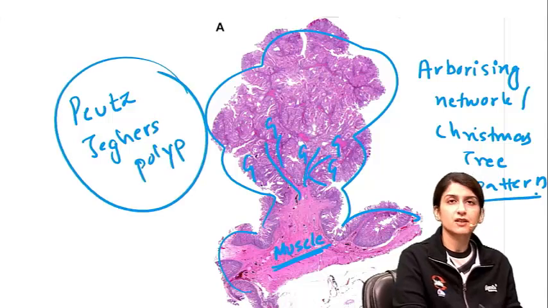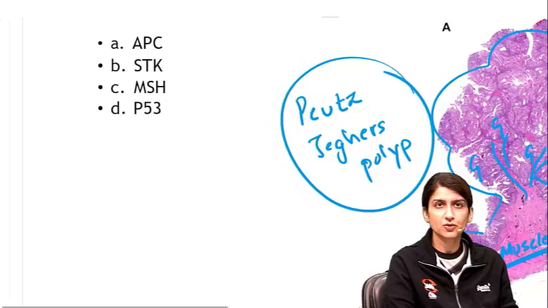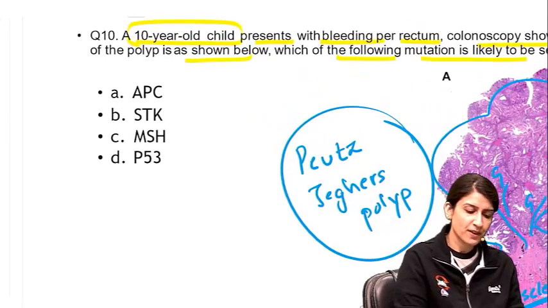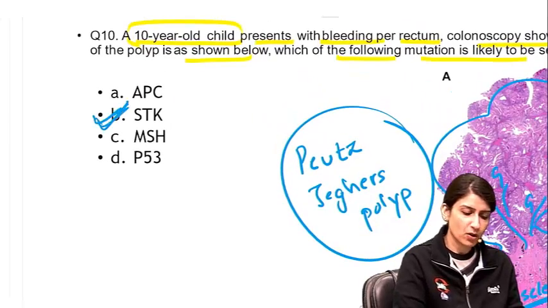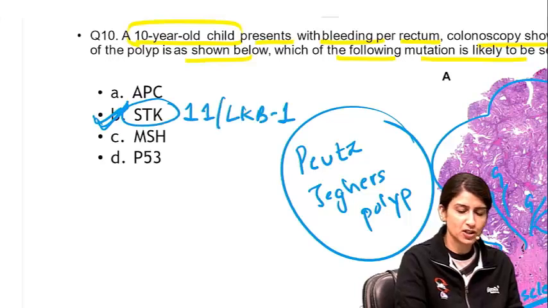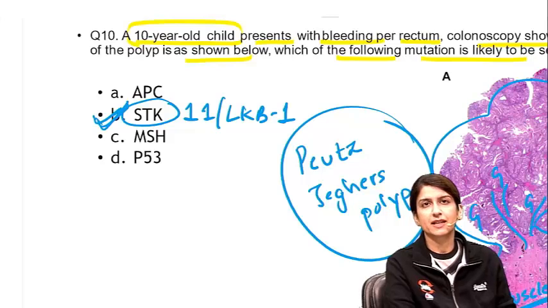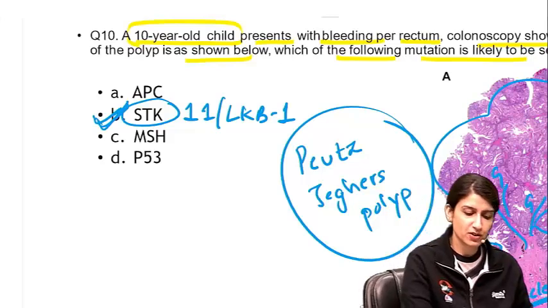And Peutz-Jeghers syndrome में which mutation you see? Yes, this is your STK11, option number B, STK11 or LKB1 gene mutation. Classical STK11 or LKB1 Peutz-Jeghers, so correct answer is option B.